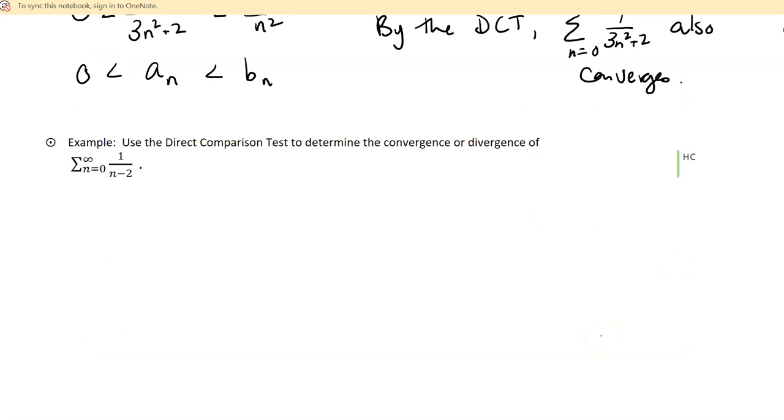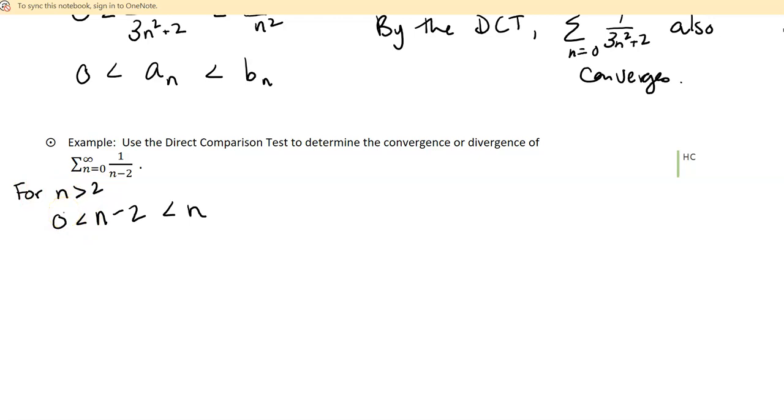Now with this example, I've got 1 over n minus 2, and I'm going to observe that a more simple version of this would be 1 over n. Now normally we've been looking for a larger series, but in this case 1 over n is actually going to be a smaller series because n minus 2 is less than n, okay? And for n greater than 2, that is positive.